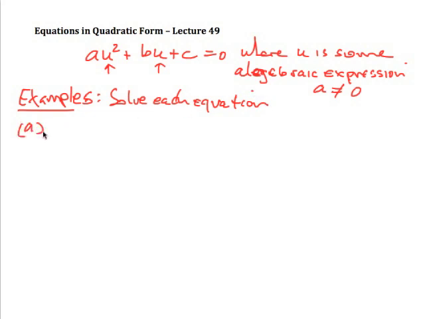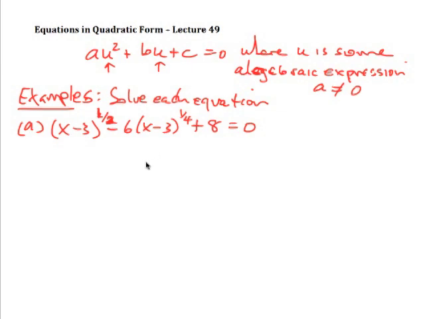Part A. Let's suppose I have x minus 3 to the 2/3 minus 6 by x minus 3 to the, well, let's make this a half, shall we? x minus 3 to the power of a half, and we have 6 by x minus 3, let's suppose this is to the quarter, plus 8 equals 0. Now, at first inspection, this doesn't really look like a quadratic, okay?